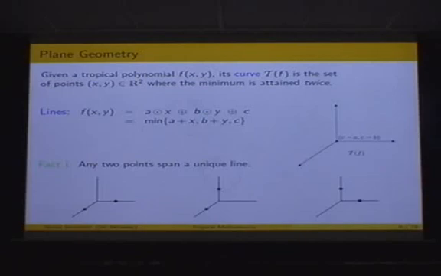So if you take 2 general black points in the plane, then there will be a unique line spanned by the 2 points. Now what else is true about points and lines in the plane? Well, the dual statement is true as well, right? Any 2 lines in the plane meet in a unique point. Let's see, if you have a black straight line and a blue straight line here, they meet in a unique point.